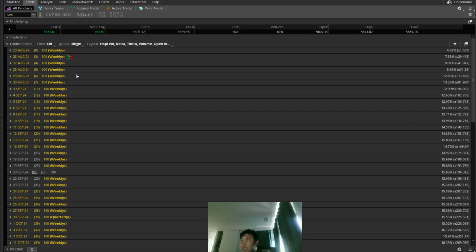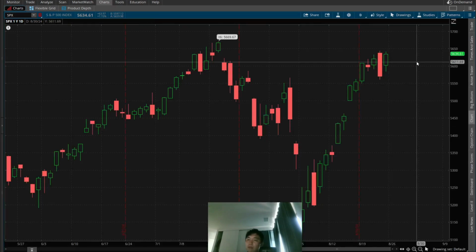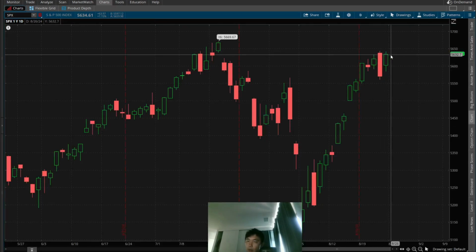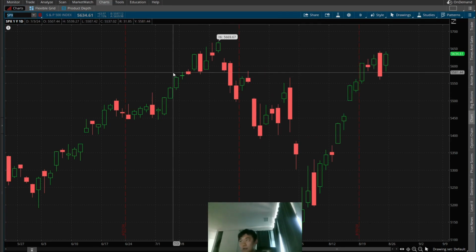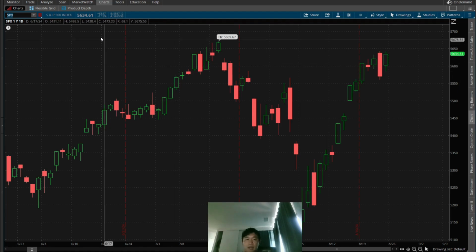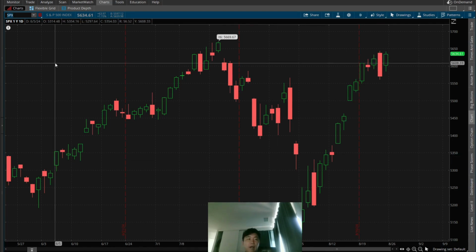For example, say I am bullish and I want to be bullish about 10 deltas of SPX. 10 deltas is equivalent to 100 shares of SPY, which is a lot of SPY. That's over $56,000 of SPY.